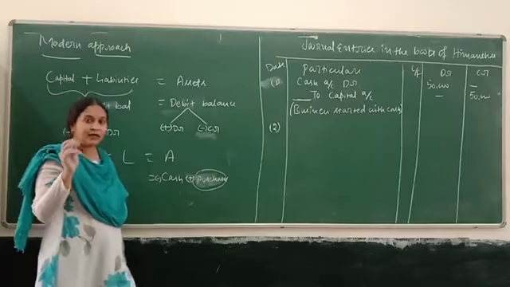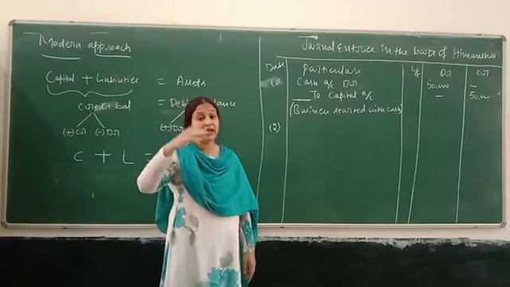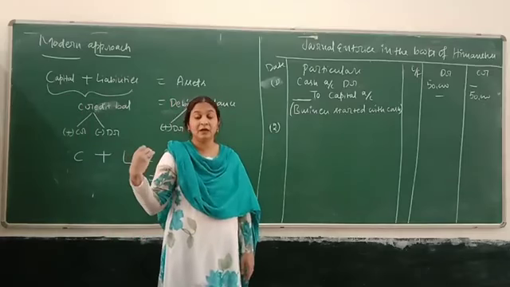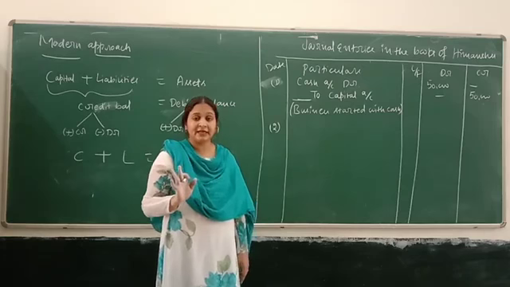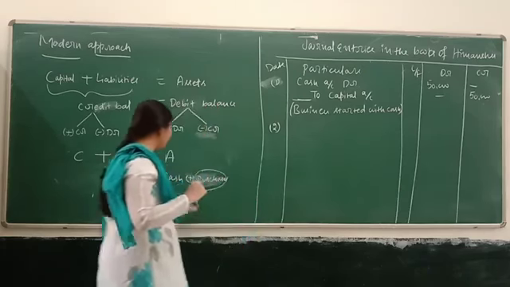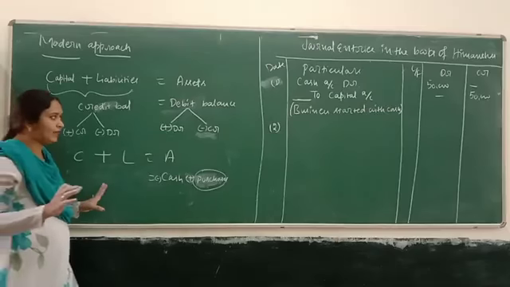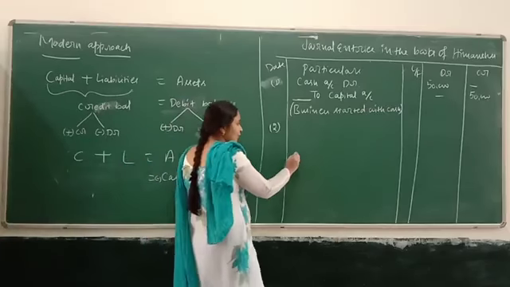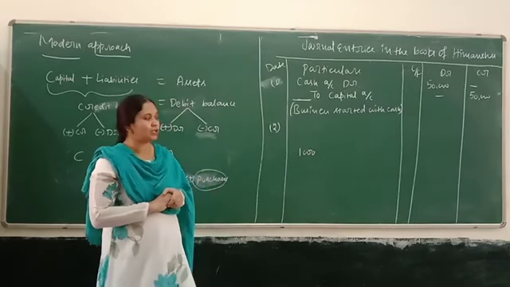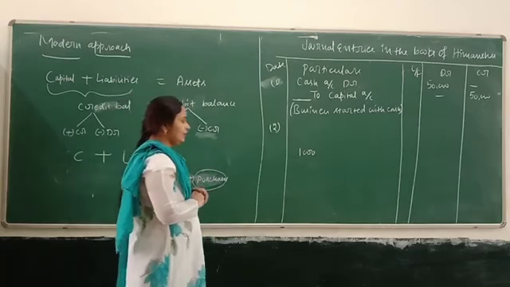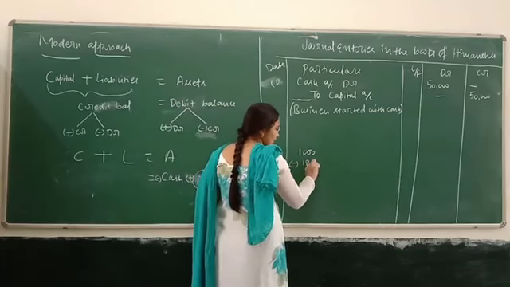Why? Because in the accounting equation, you are immediately calculating profit and adding it back to the capital. But here, under the modern approach, while passing journal entries, you are not adding profit to the capital. For example, the value of manufacturing goods is 1000, but we are selling these goods for rupees 1200.